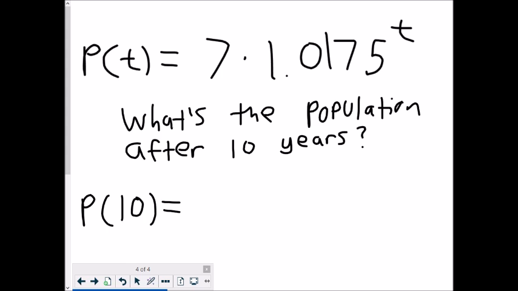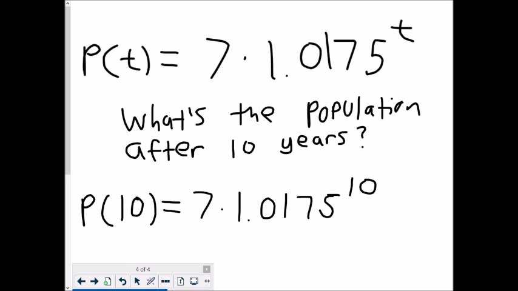Now if it said 10 months, we'd have to divide 10 by 12 to get that equivalent to a year. So P of 10 equals 7 times 1.0175. Keep in mind that P of 10 just means that T equals 10. And put that up there.